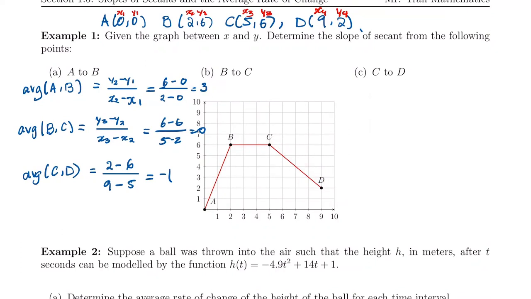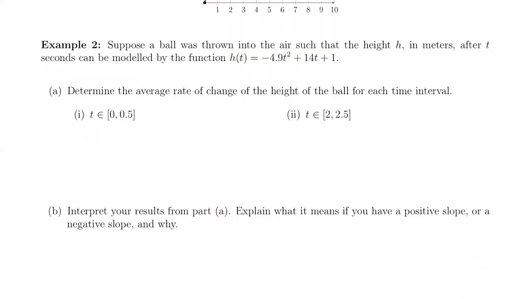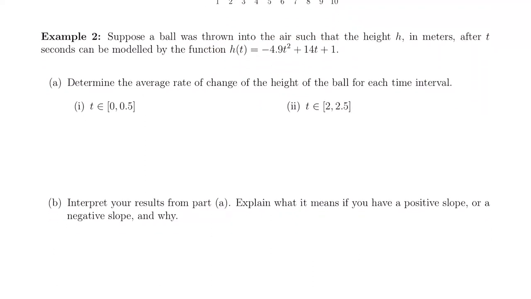All right, so another example that we could have a look at is the following. Let's say that a ball was thrown into the air such that the height h in meters after t seconds can be modeled by the function h of t equals negative 4.9t squared plus 14t plus 1. Let's determine the average rate of change of the height of the ball for each interval. How we would do this is we would calculate each of these endpoints.